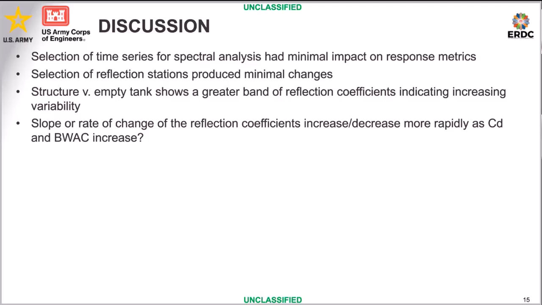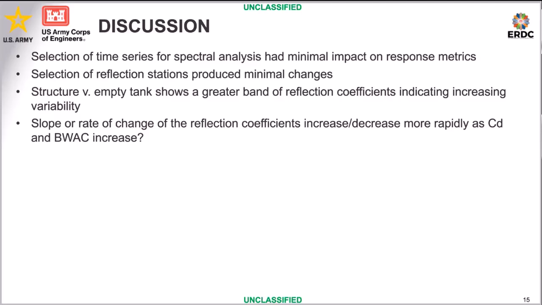Second, I mentioned that we had two sets of wave gauges or stations for wave reflection. One was inside one wavelength from the toe of the structure, and one was outside one wavelength from the toe of the structure. Differences between those were actually pretty minimal for this regular wave case and the cases that we ran, so I think that also bodes well for our reflection script.